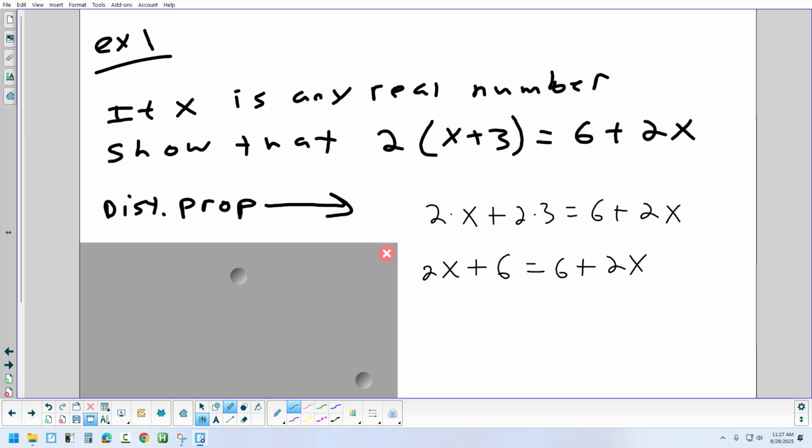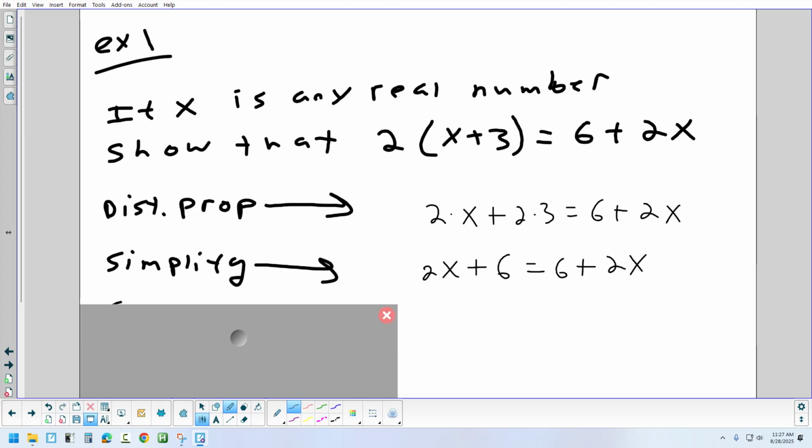I didn't really change the order of anything. Yeah, I just multiplied it out. I simplified it. That's all I really did. Nothing changed with order. I just turned 2 times 3 into 6. That's it. Now, in order for what's on the left and on the right to be the same, they should be in the same order.